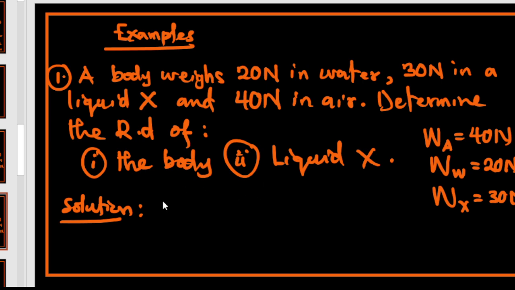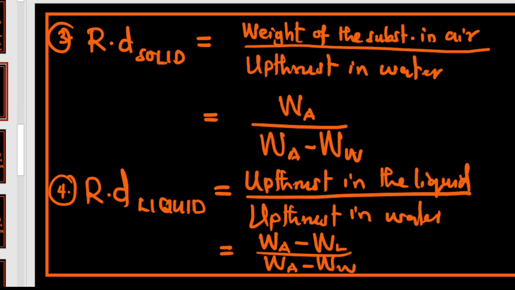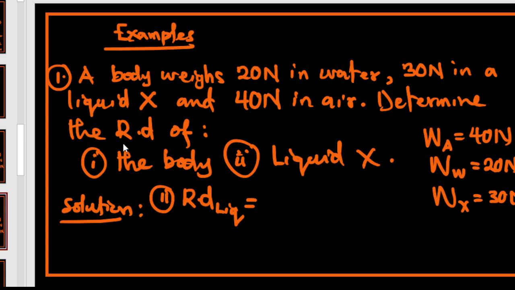So we have liquid X. The RD of a liquid is meant to be upthrust of the substance in the liquid over upthrust of the substance in water. So that becomes weight in air minus weight in the liquid, over weight in air minus weight in water.